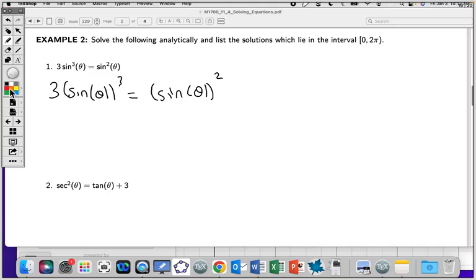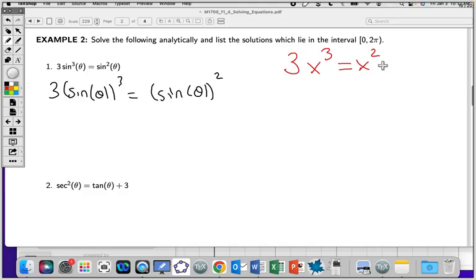And so this might make you think of polynomial equations, like if I had 3x cubed equal x squared. All right, how would you solve something like this? 3 times something cubed equals that thing squared. You might want to divide both sides by x squared, all right? And that would work as long as your x squared isn't 0.